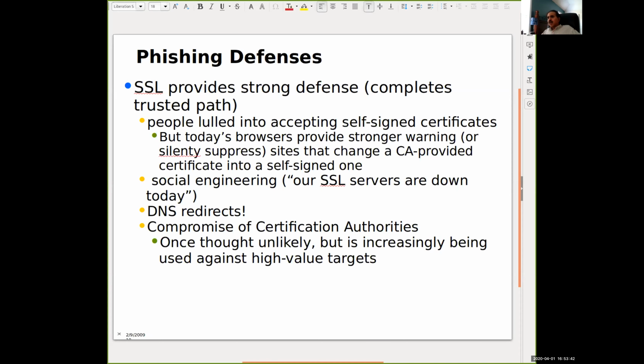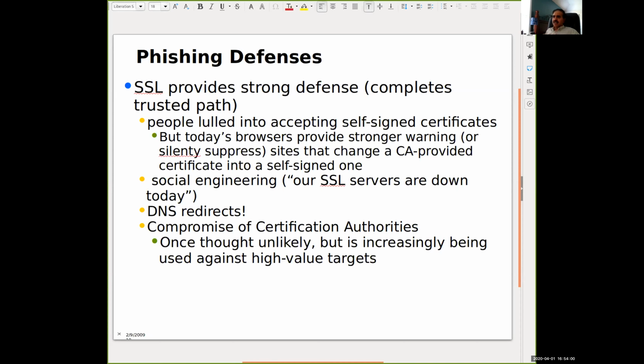Many years ago, it used to be fairly easy for the phishing website to simply redirect to HTTP.